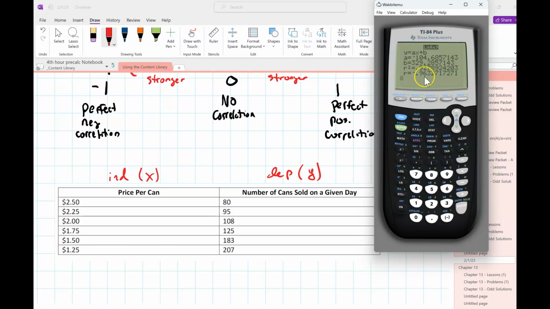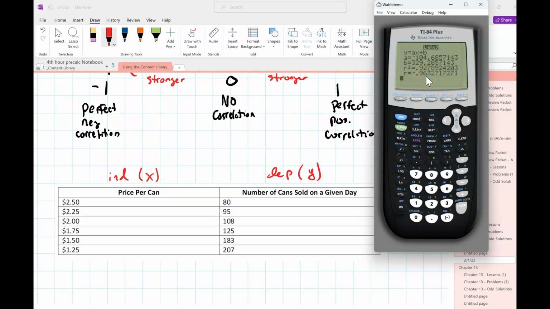So what is all this gobbledygook telling me? Well, it's saying this is a y equals ax plus b equation. The a is negative 104 and change, and the b is 329 and change. So we have y equals negative 104x plus 329. Everybody's okay with that? And it tells us our r value is negative 0.96.